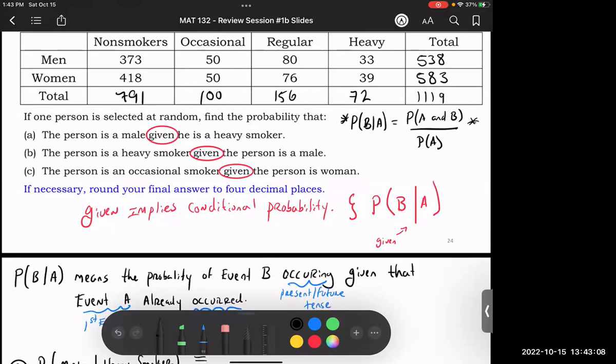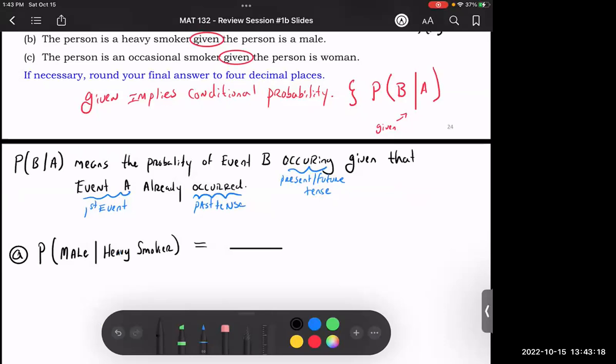There were 72 heavy smokers. Out of the 72 heavy smokers, how many of them were men? 33. So we have 33 over 72, right? The 72, in words, is the number of ways of selecting someone that's a heavy smoker.